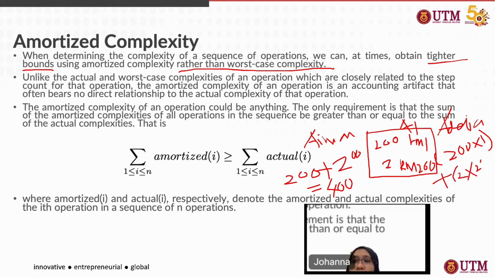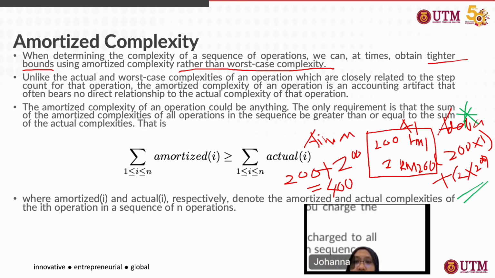Based on this concept, Adelia's formula is more accurate, meaning you bring money with which you can buy all the items the shop has. That is the amortized complexity, and it helps you avoid the worst case.